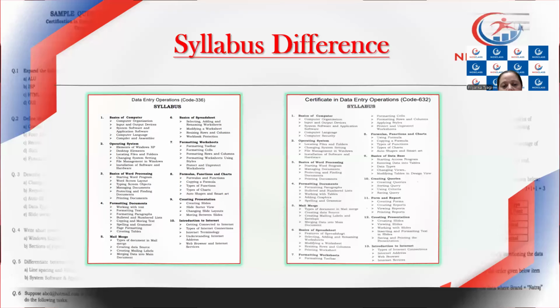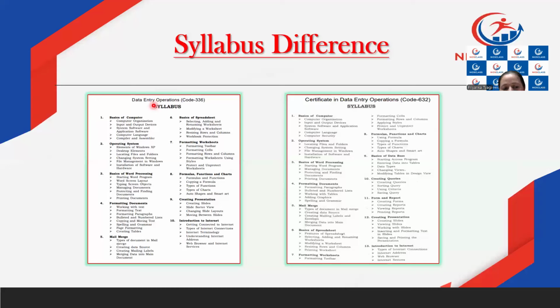Now you can see here the syllabus difference between the two subjects. As you can see here, there are a total of 10 chapters in 336. All these 10 chapters are included here. In fact, you can compare. Chapter number 1, basics of computer, is also here. Chapter number 2, operating system, is also here.